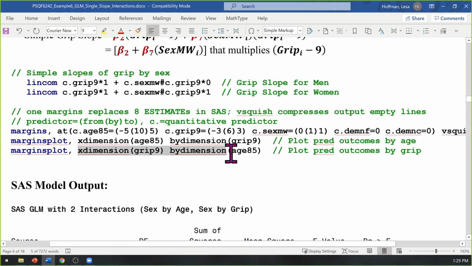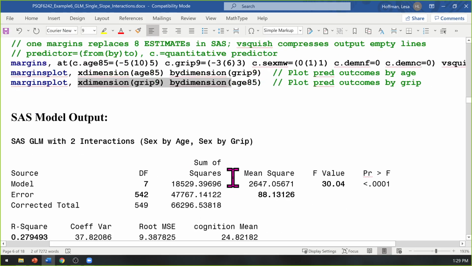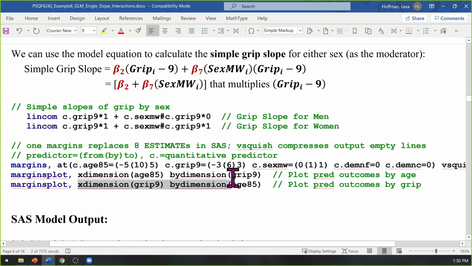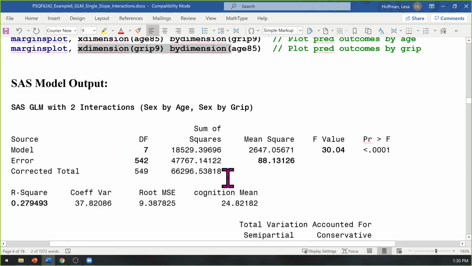And so then I made two plots, one with age as the x-axis and then one with grip as the x-axis. All right, so any questions on the Stata code for that? Okay, then output time.